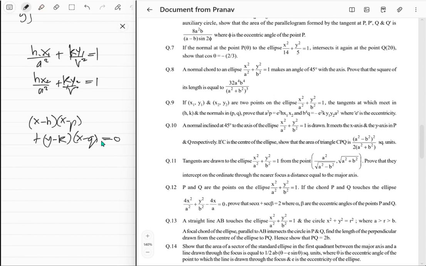Think, think. These two are on the circle. Sure. And then you can always put x square as this thing or something like that. x square minus h plus p times x plus ph, then y square minus k plus q times y plus kq is equal to 0.